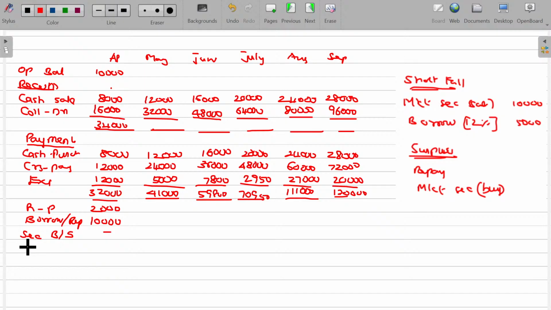In case of borrowings, you have to pay the interest also. Interest will be payable only in the next month. So, with those 2 borrowings, now the value being 12,000. This becomes opening for the next period.